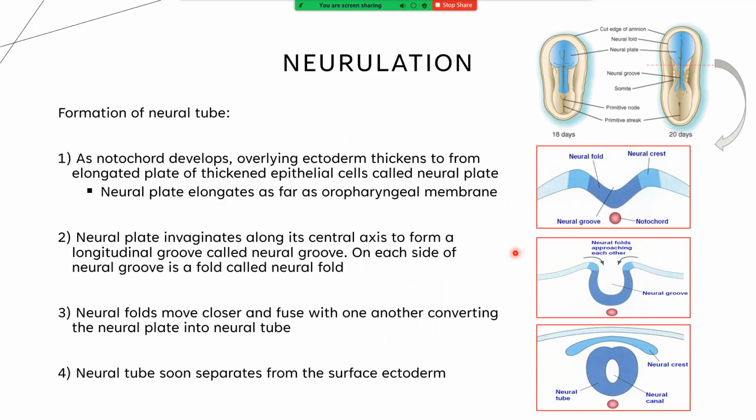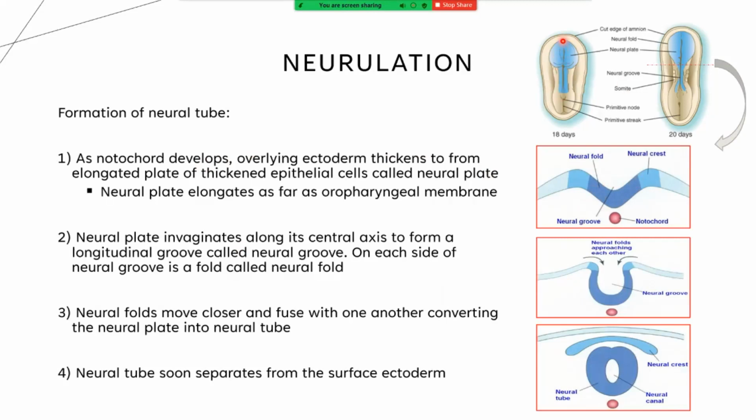Neurulation is the term for the formation of the nervous system. It is the formation of the neural tube as the notochord induces the overlying ectoderm to thicken and form an elongated plate of thickened epithelial cells called the neural plate. Remember the neural plate? The neural plate elongates as far as the oropharyngeal membrane.